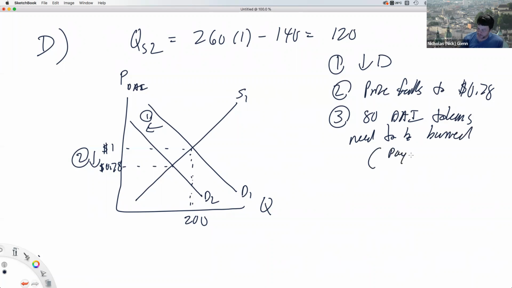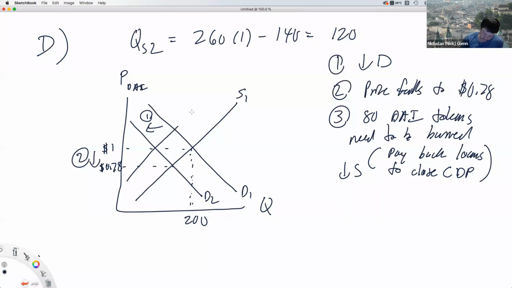And essentially, when they're burned, they're just paying back loans to close their collateralized debt position. And that has the effect of decreasing supply. Right. So that shifts it back. What does that cause to happen?